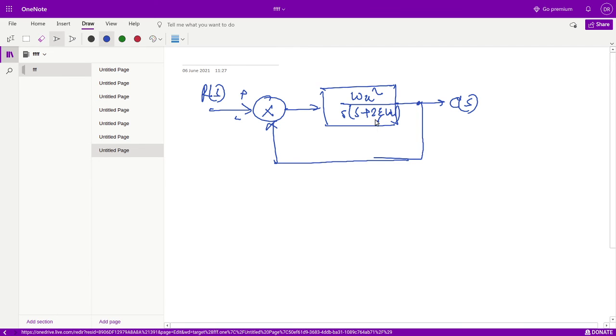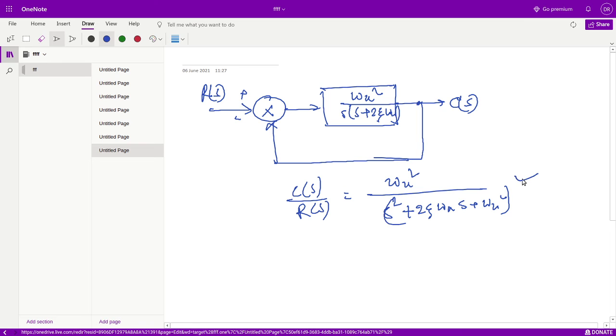Now taking C(s) by R(s), which is G(s) divided by 1 plus G(s) into H(s), after some mathematical computation we get omega n square divided by s square plus 2 zeta omega n s plus omega n square. So this is the second order system.